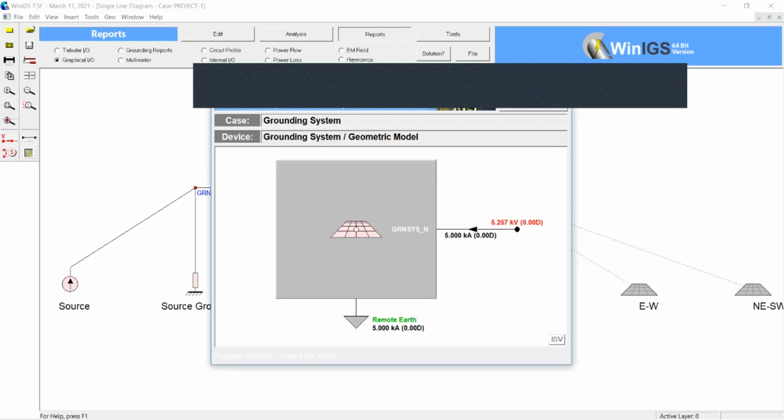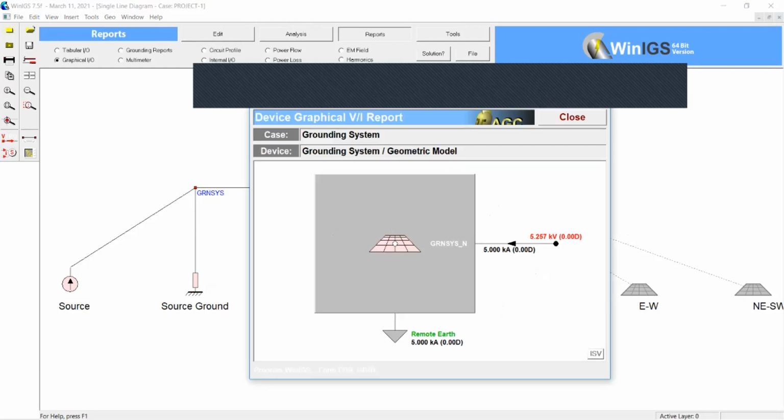If you click on grounding system, you will have this window pop up now. The information you're getting from this window is that 5 kiloamperes of short circuit current is injected into your grounding grid. Here is your grounding grid, grounding system. From this grounding system, the total current is spreading into the surrounding soil, and that current will pass through the soil to its source.